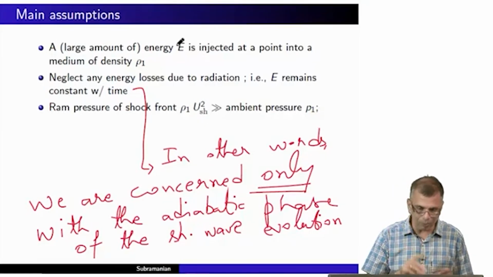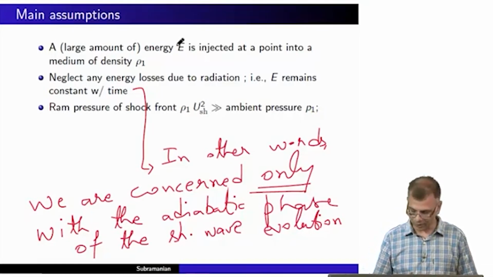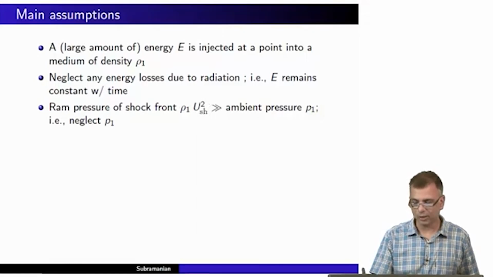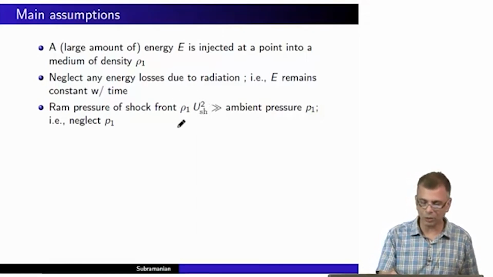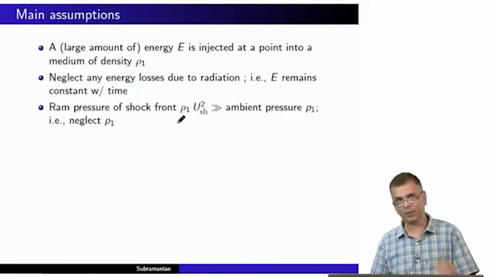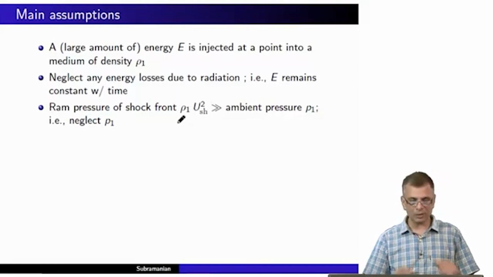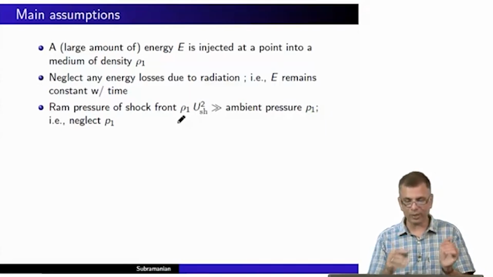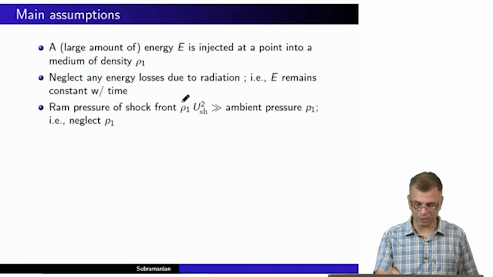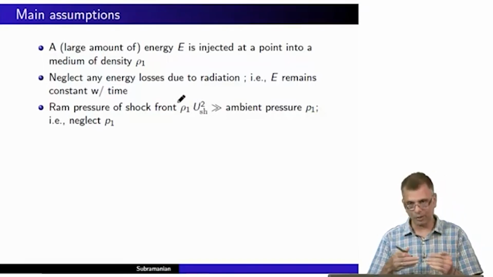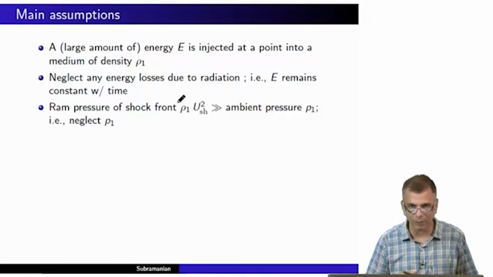The other important thing is that the ram pressure of the shock front, rho 1 U shock squared, is much larger than the ambient pressure. In other words, here's the shock front. It's got a certain amount of rho v squared. Rho is just rho 1 because that's the density of the medium through which the shock wave is propagating.